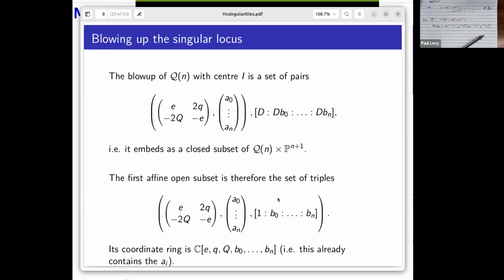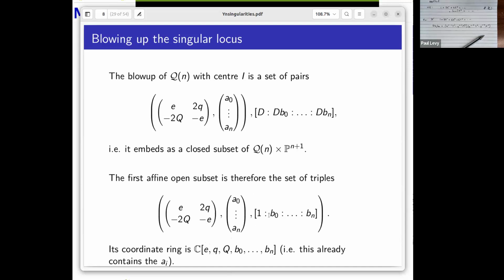We can see the first affine open is going to be an affine variety whose coordinate ring has generators E, Q, and Q. I'm being slightly sloppy about generators of the coordinate ring versus values, but it's okay, I think.